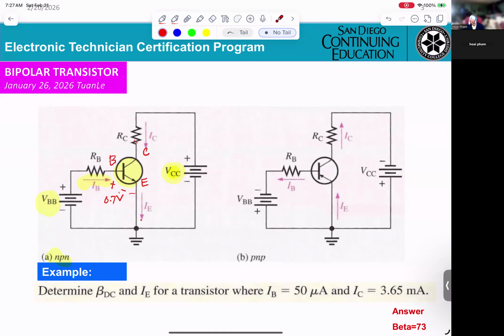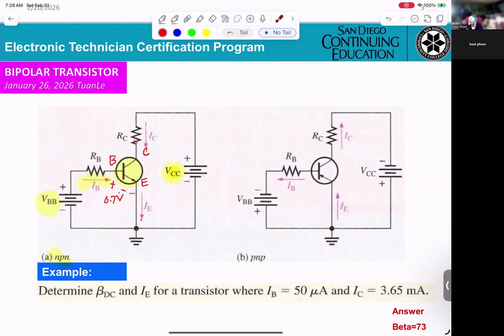Okay, you get IB, base current, IC, collector current, IE, the emitter current.